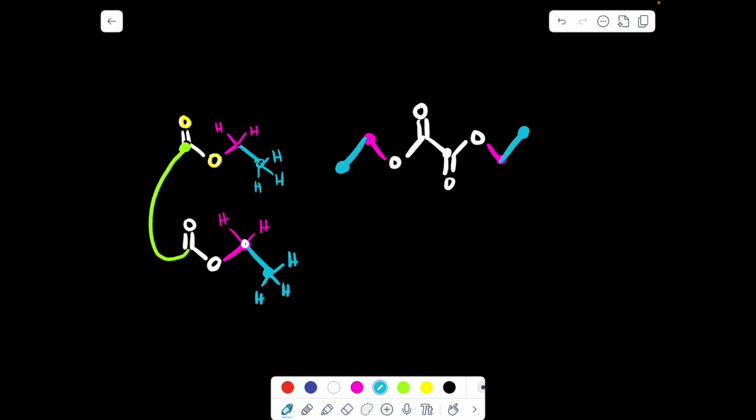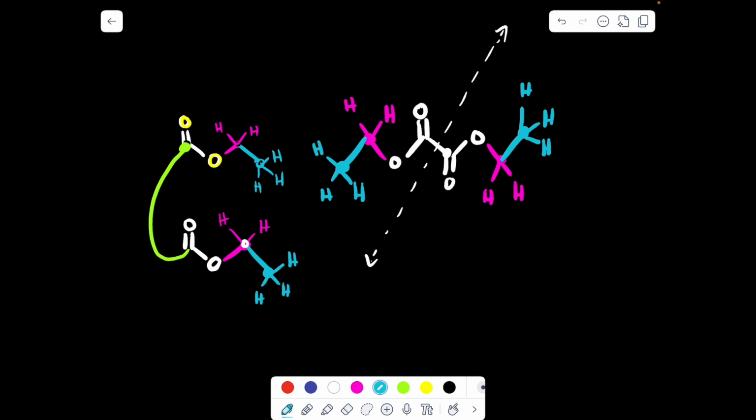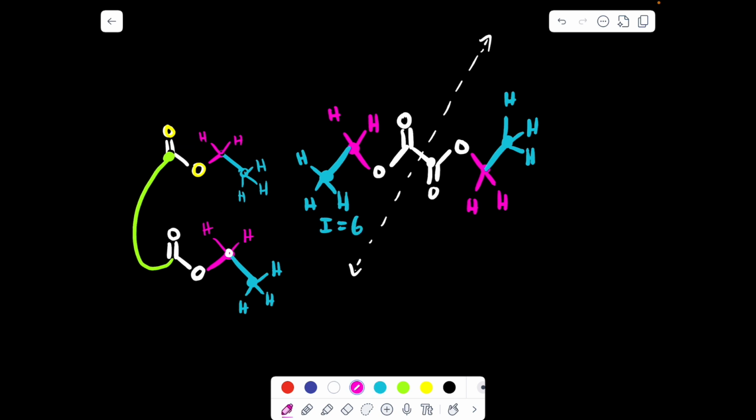If you chop this in half, you have that element of symmetry, where these CH2s are the same as these CH2s, and these blue CH3s are the same as these blue CH3s, accounting for the integration equal to 6, and the integration of the pink hydrogens would be 4.